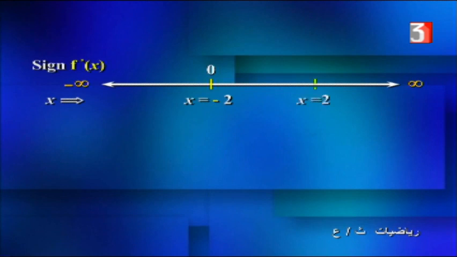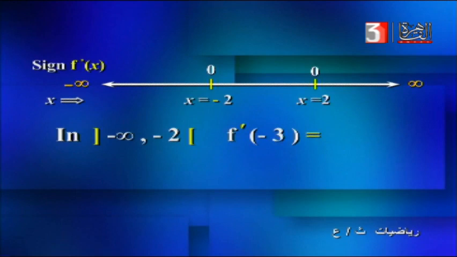Now we draw the number line from negative infinity to infinity, and when x equals negative 2, f'(x) equals 0, and when x equals 2, f'(x) equals 0.